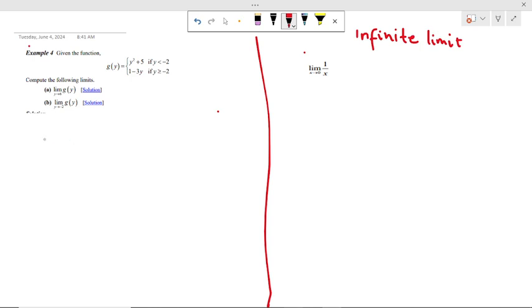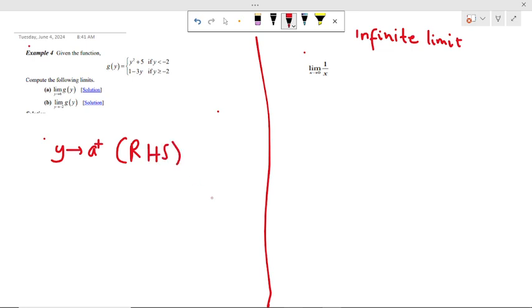Now, for the limit of a function to exist, we consider the right hand side limit, that is the limit as it approaches that particular value from the positive direction. So if you are approaching from the positive direction, it is the right hand side limit.